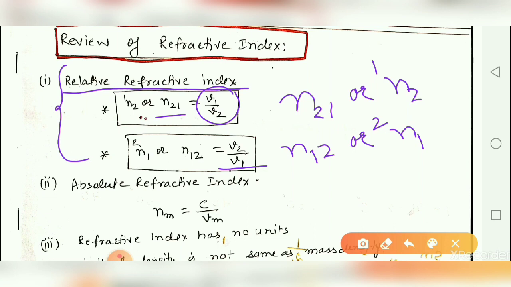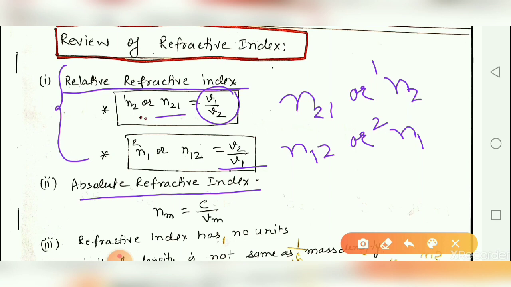Now, if medium 1 becomes a vacuum or air, then that refractive index is called absolute refractive index, in which one medium is air or vacuum.